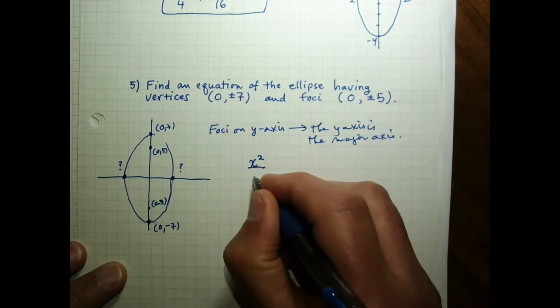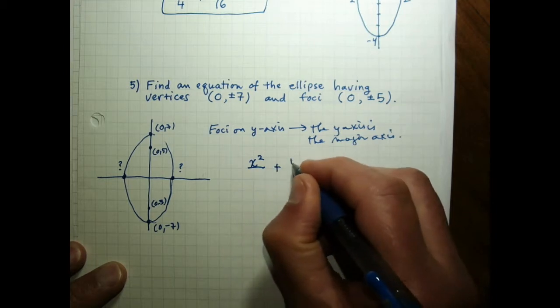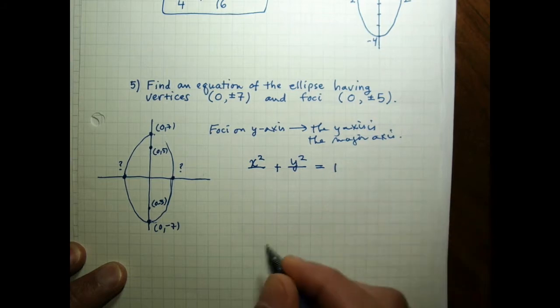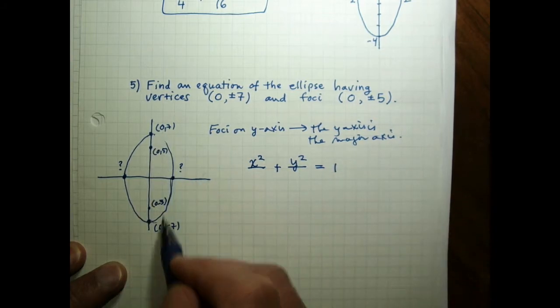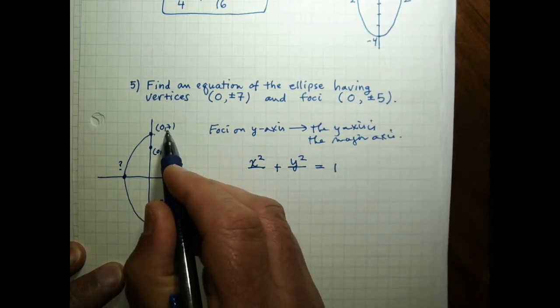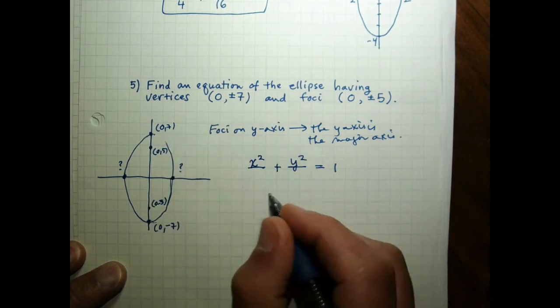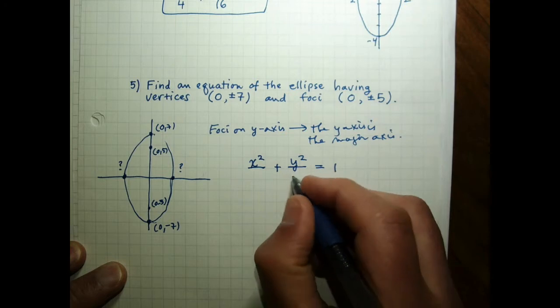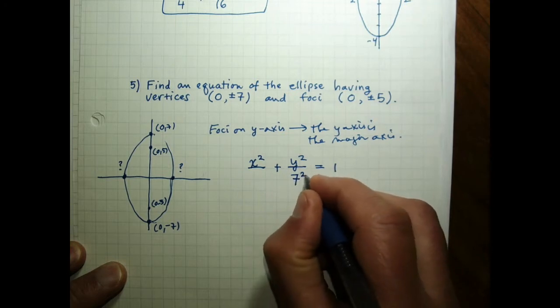x squared over something squared plus y squared over something squared equals 1. Because we already know the y-intercepts, these vertices, I know the denominator of the y squared is just going to be 7 squared.